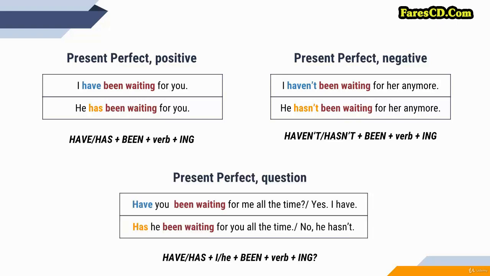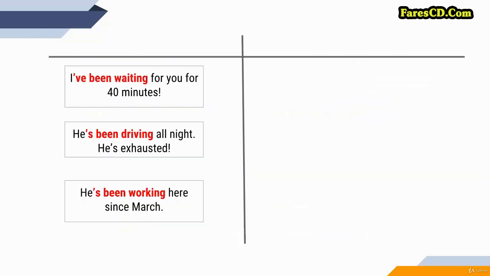When you want to ask a question in present perfect continuous, what you need to do is to start with the auxiliary have. Have you been? Has he been? Present perfect continuous. Let's now pay attention to the usage.